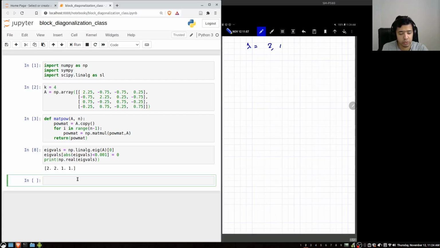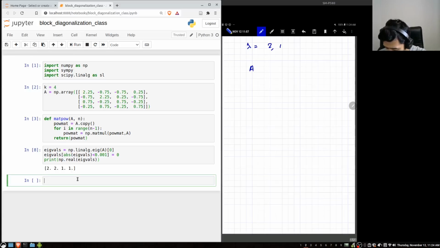Now if this matrix were diagonalizable, then one way to check would be to find the algebraic multiplicity and the geometric multiplicity, and verify that the two are the same. So let's look at the geometric multiplicity of the eigenvalue 2.